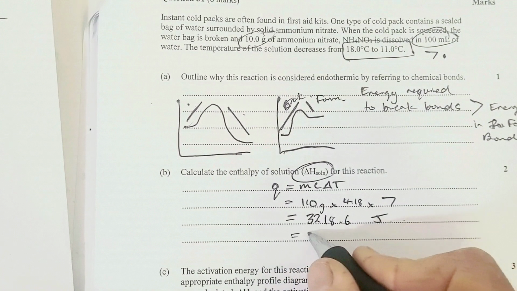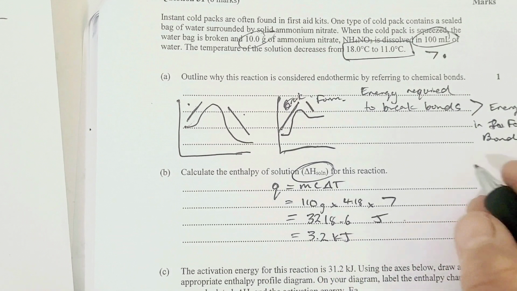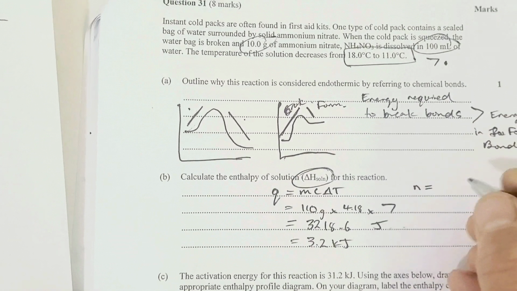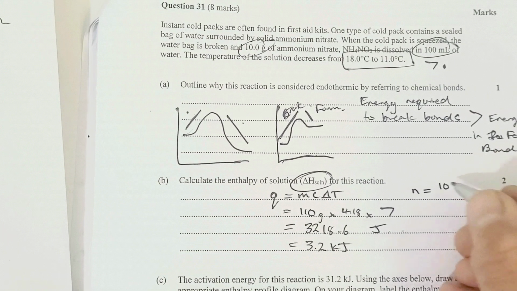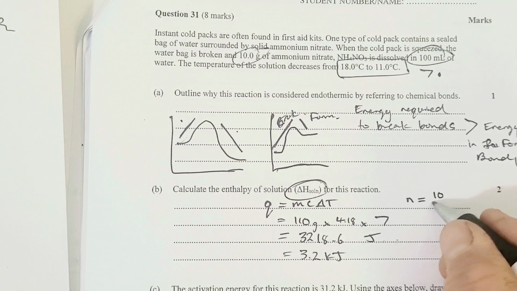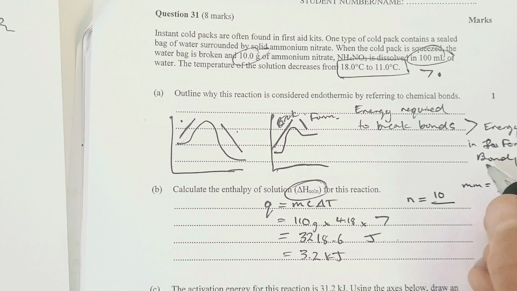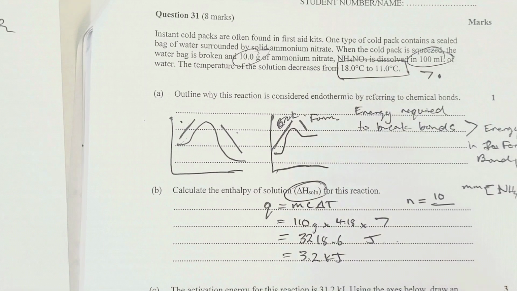So this is 3.2 kilojoules. Okay, so now how many moles of solute did we use? 10 grams. What's the molar mass of NH4NO3?